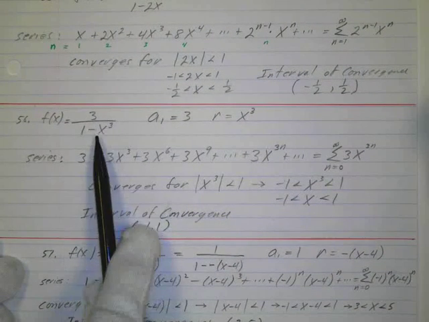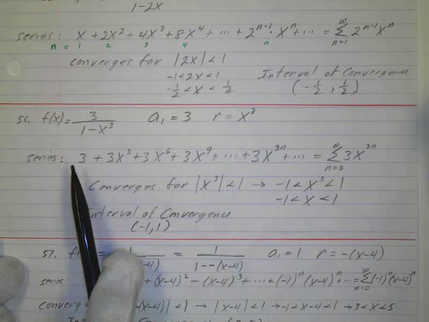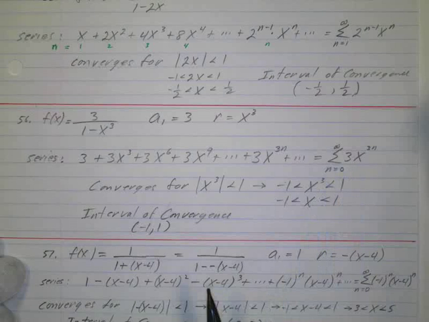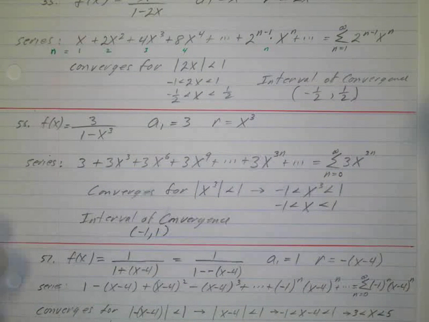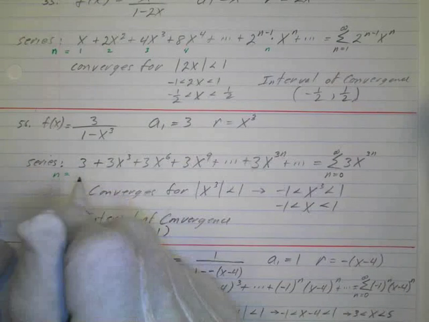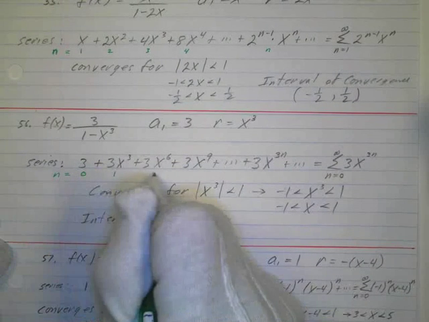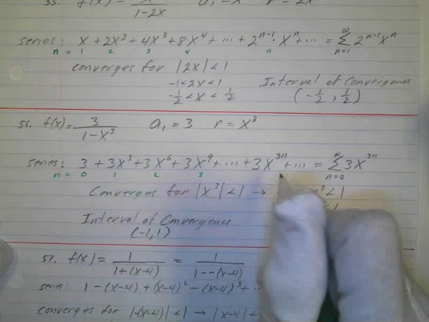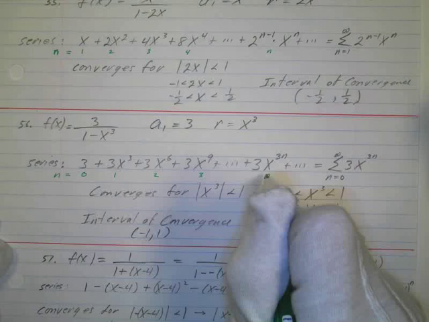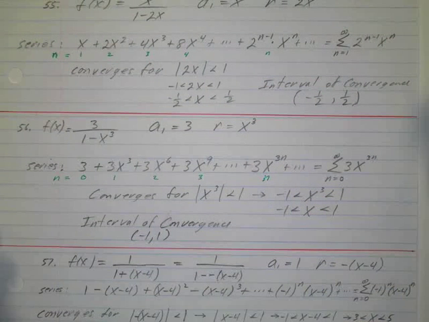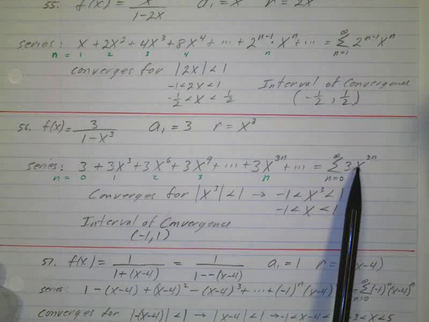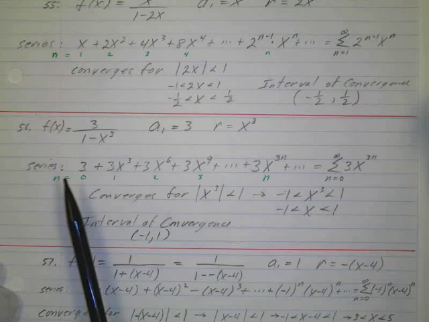Well, my a sub 1 is 3, and my r is x cubed, so 3, and keep multiplying by x cubed. And again, this is n. Then that should work out if we check this out. When n is 0, this is going to be just 1, so times 3.